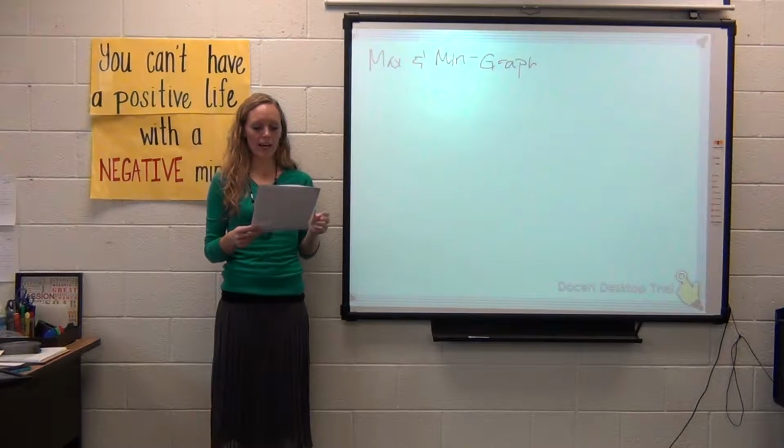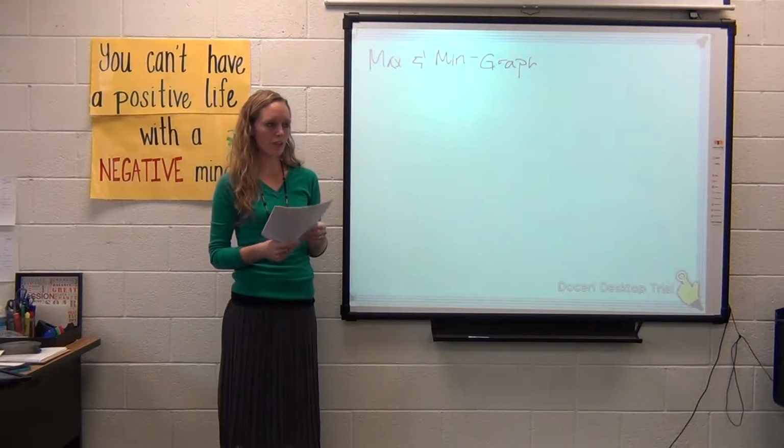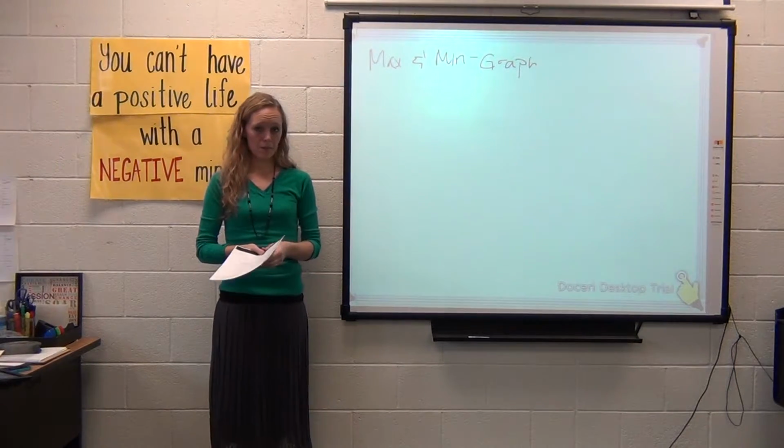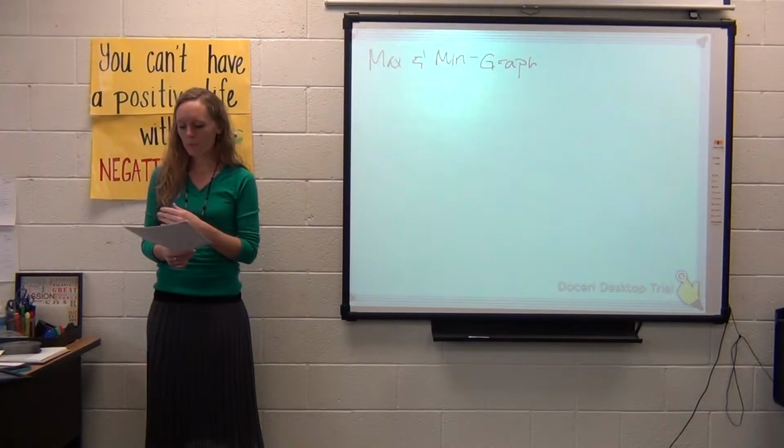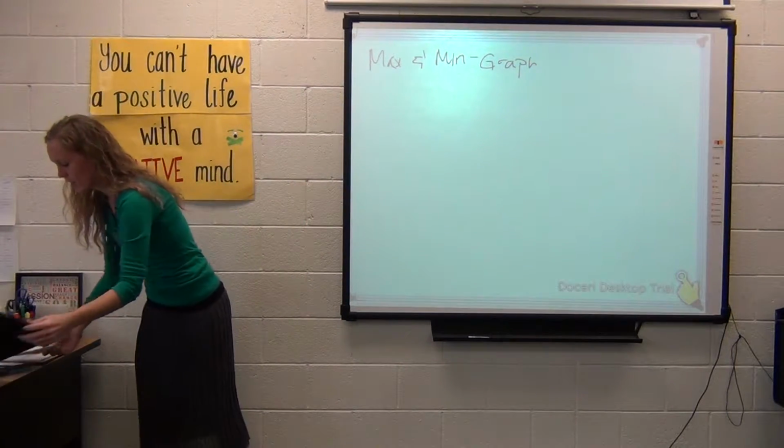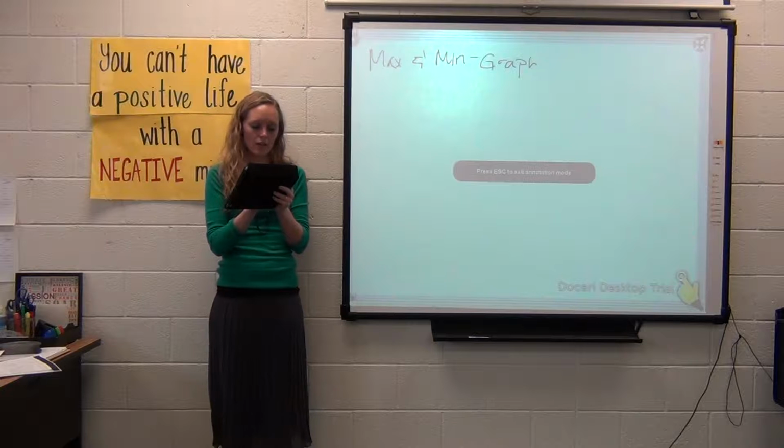So if we're looking at part A, f of x is increasing, which graphs could it be? It could be 2 or 3, because both of those are in quadrant 1.